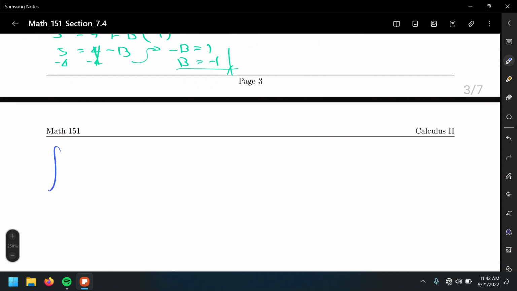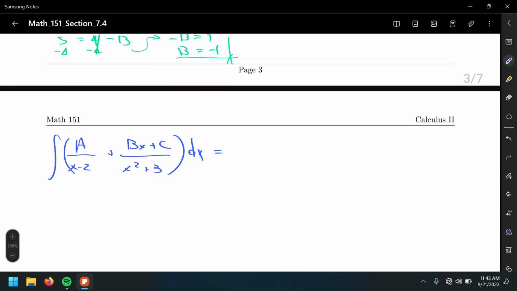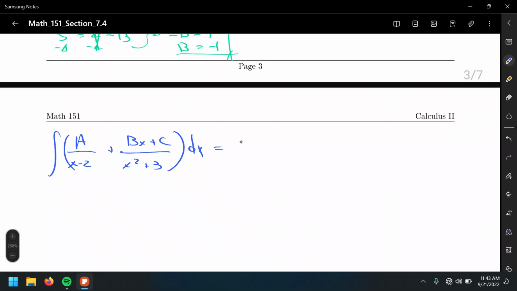So that's the integral of a over x minus 2 plus bx plus c over x squared plus 3 with respect to x. So a, we got what we got for a, isn't that a 1? 1 over x minus 2 plus b, which is negative 1, that's negative x plus 0, over x squared plus 3 with respect to x.